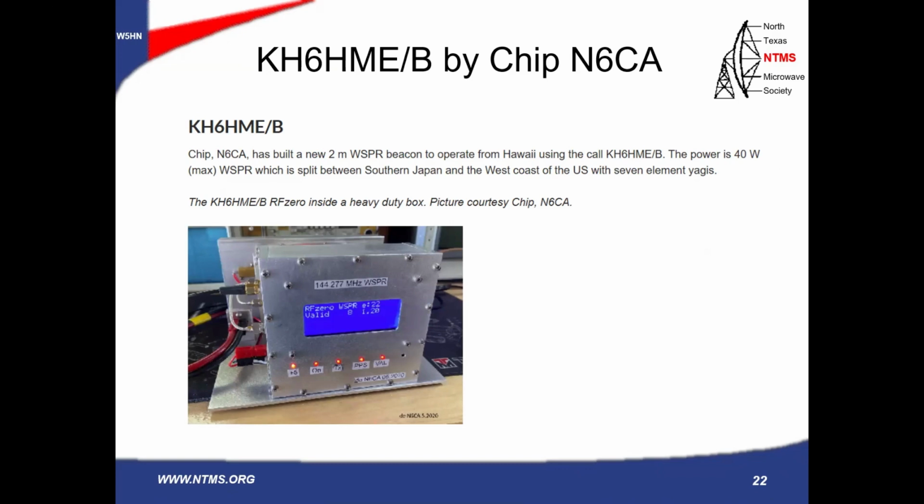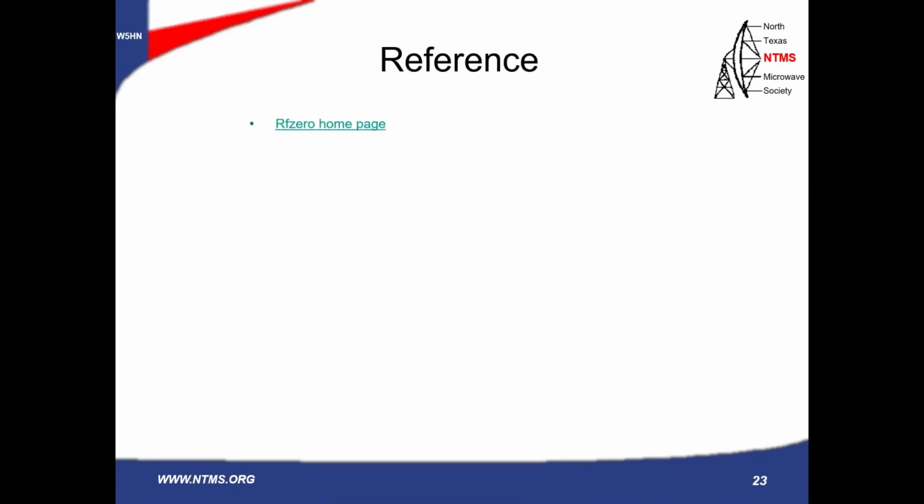The power is 40 watts. It's split between southern Japan and the west coast of the U.S. with 7-element Yagis. This is all driven from an RF0. Here's a reference to the homepage, and that's all I've got.